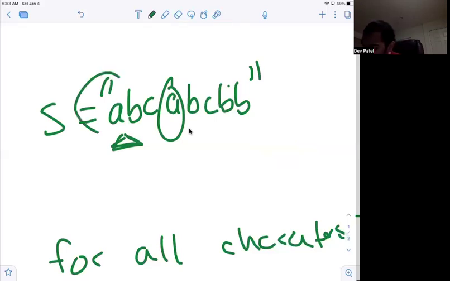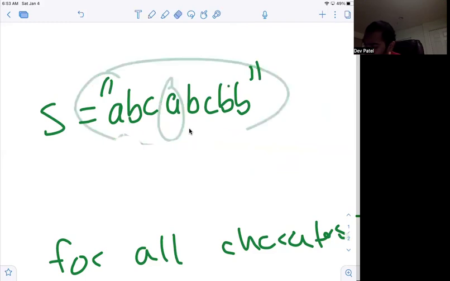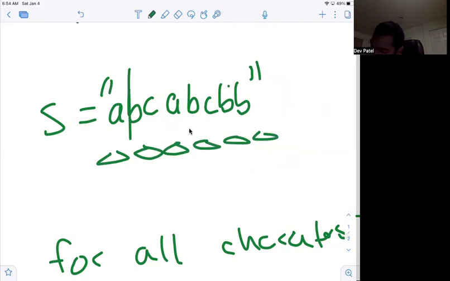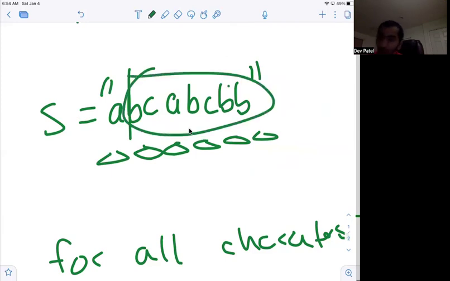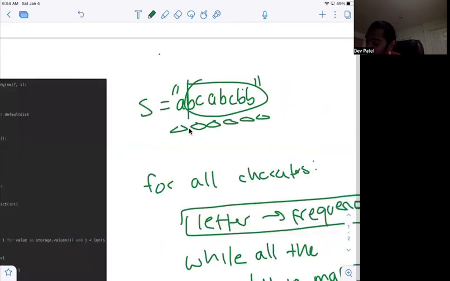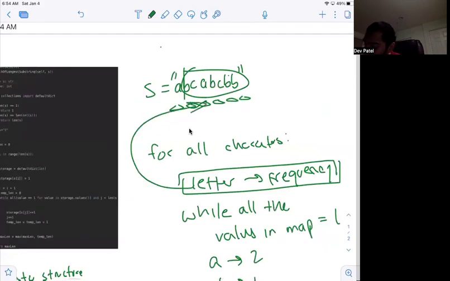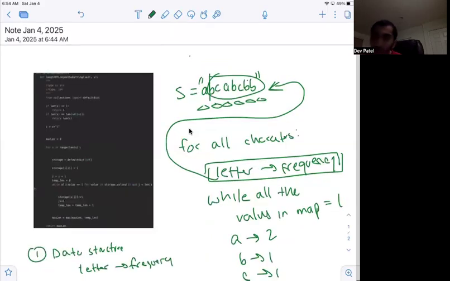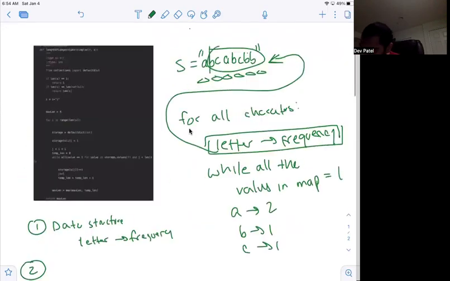If we look at this string, one of the ways that you can visualize this is thinking, I want to go through every single character, and then for each character, I almost want to go through the entire string again, but not as in O of n squared, but by having a map, such that I'm storing the letter frequency associations. And so that's going to help us determine if a substring is repeating or not. So that's one of the other things that we're able to learn from this.